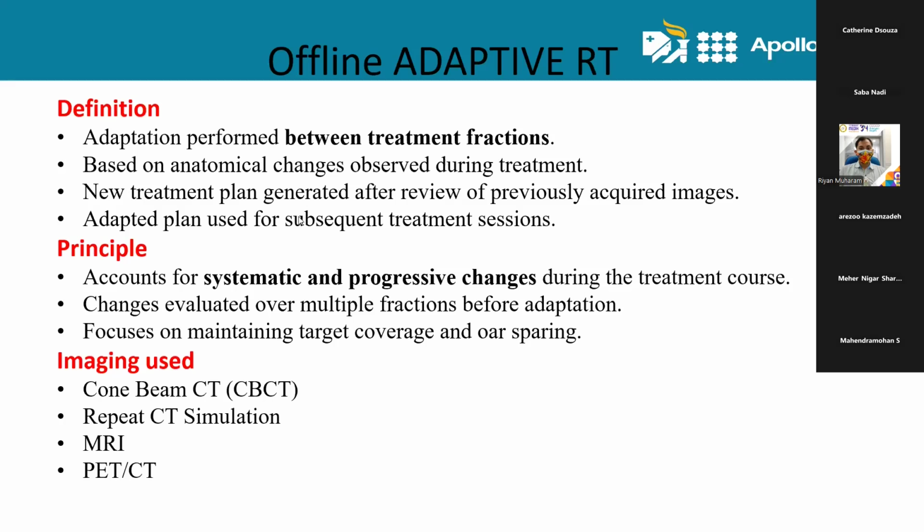A repeat CT or CBCT is required after several fractions, for example, after 20 to 40 Gray in head and neck cancer, or after significant patient weight loss or major tumor shrinkage. In that condition, we go for offline adaptive radiotherapy. The basic principle accounts for the systematic and progressive changes during the treatment course. In that condition, we use imaging modalities such as CT, CBCT, repeat CT simulations, MRI, and PET CT.